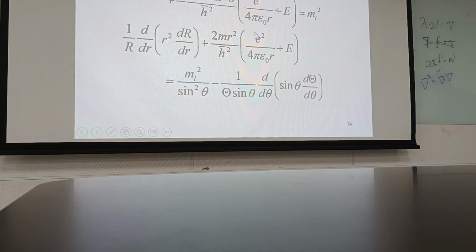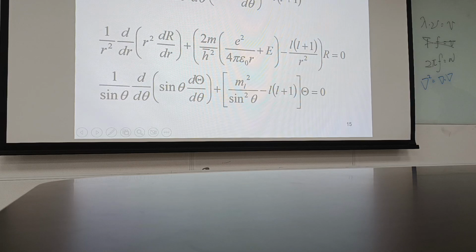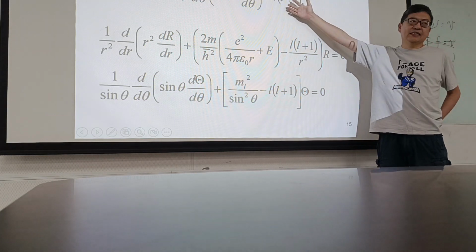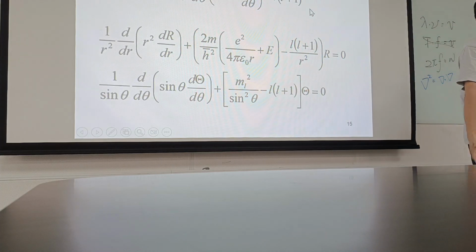So we also can solve for R and theta. We separate R and theta. We call it another constant, L times L plus 1. And why? You don't need to know why, because if you have learned something called the Lagrange equation.